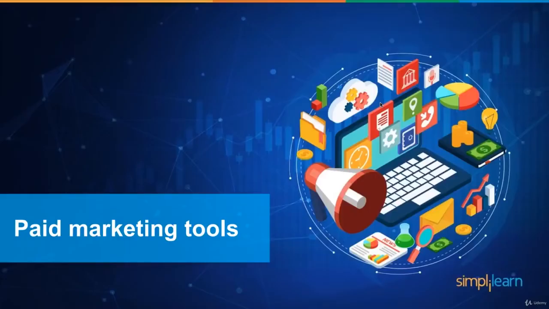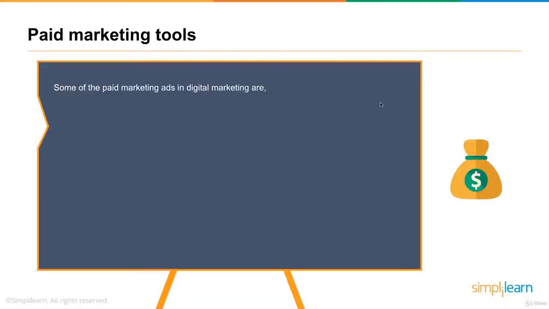So let's turn our attention to paid marketing tools. If you're doing some advertising on Google, Bing, or LinkedIn, you probably want to work within those platforms as the tool of choice.